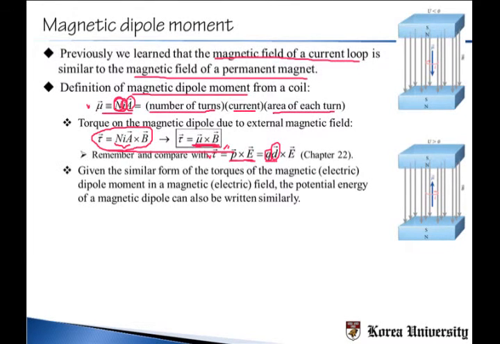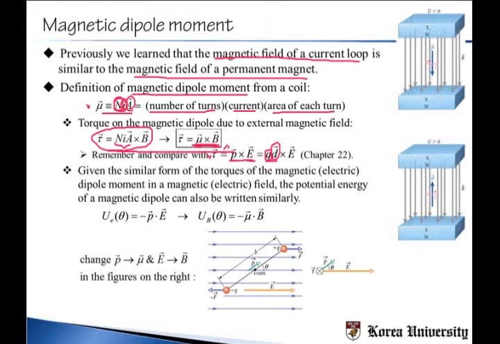And so given the similar form of the torque between the magnetic dipole moment and the electric dipole moment, we can deduce that the potential energy of the magnetic dipole moment inside the magnetic field is similar to the potential energy of the electric dipole moment in an electric field. Remember this was the expression of the electric dipole moment potential energy in the electric field.